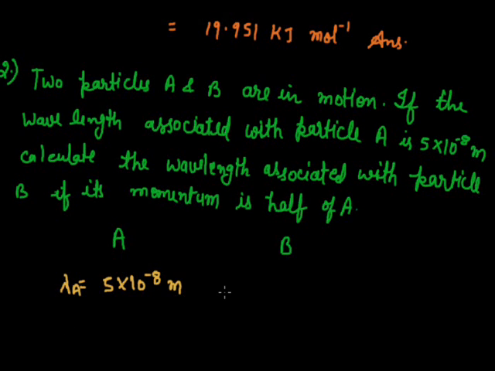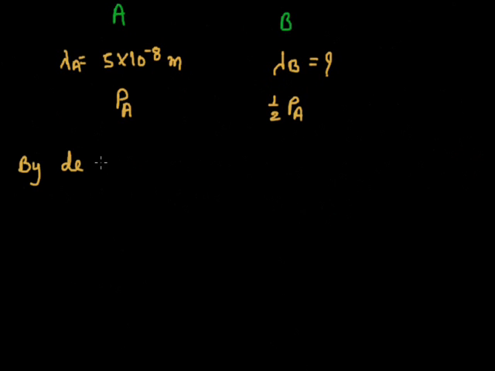We have to calculate the wavelength associated with particle B, so we have to find lambda B, given that the momentum of B is half of A. If we assume that the momentum of A is PA, then the momentum of B will be half of PA. So by de Broglie equation, we know lambda is equal to h upon P.